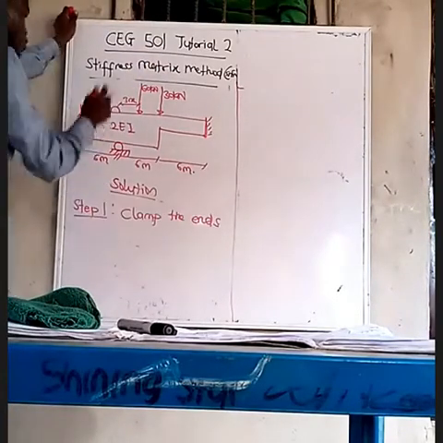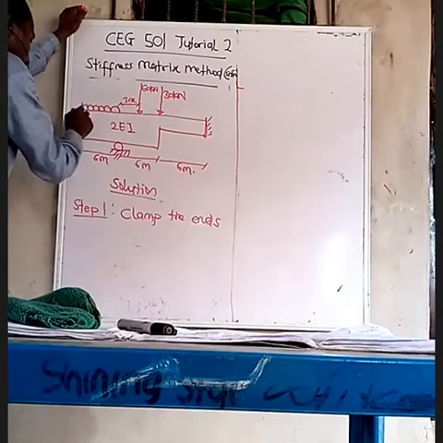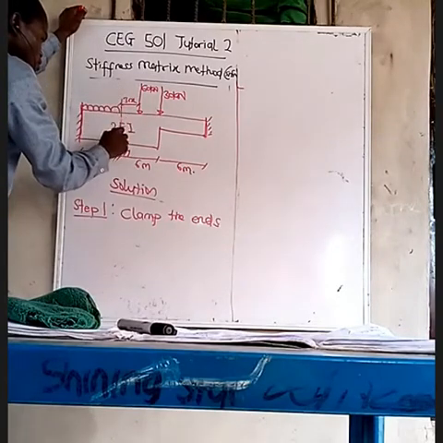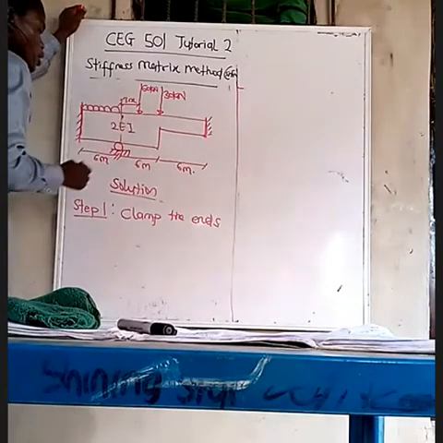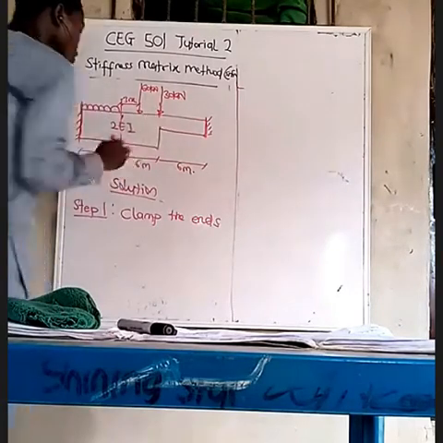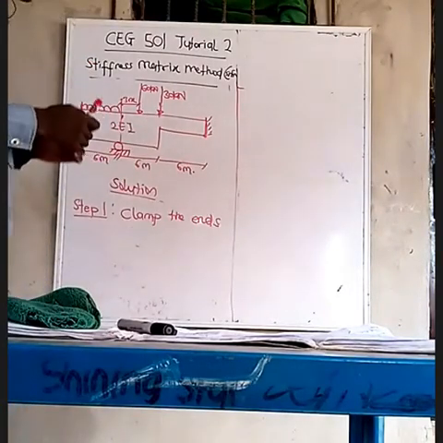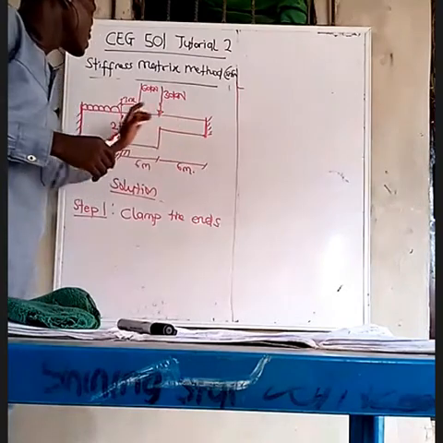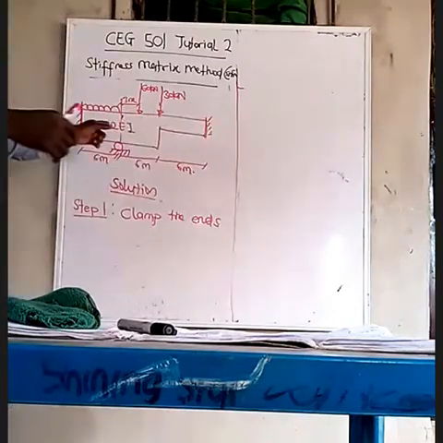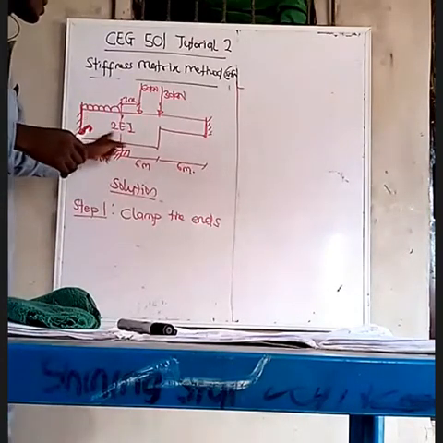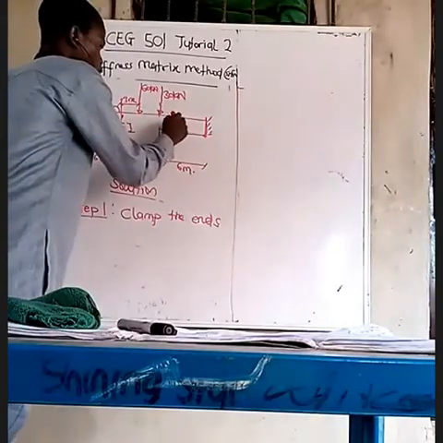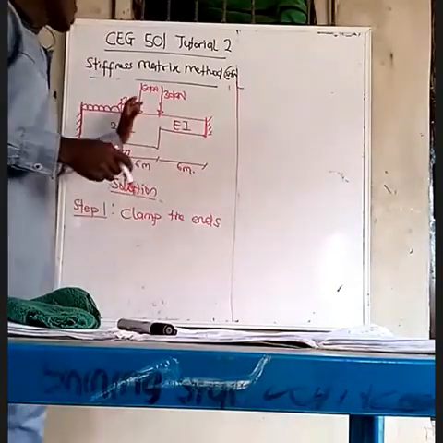So what we want to do, we are first going to clamp all the ends. Now, how do you know the ends to clamp? From here to here, you clamp it. You clamp this end also. So how do you know which one to clamp? When there is a change in section, for example, this one is EI, this one is EI.